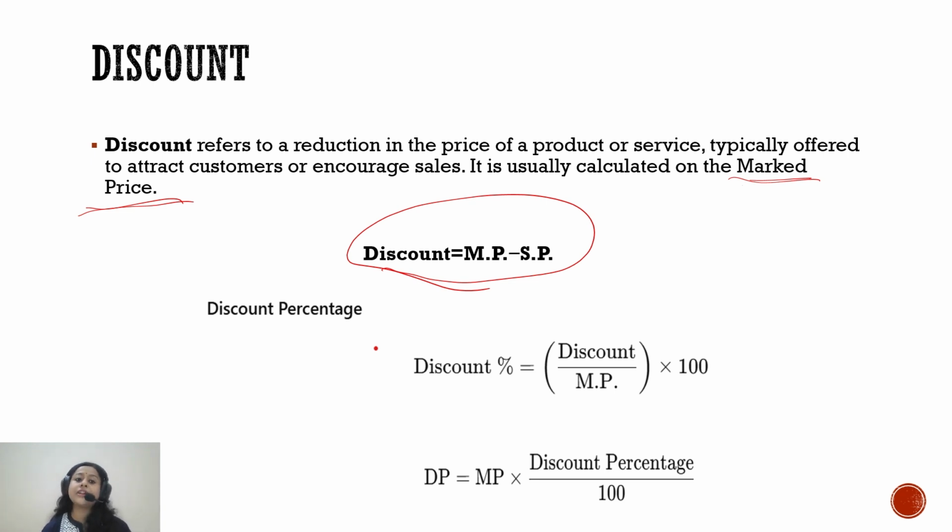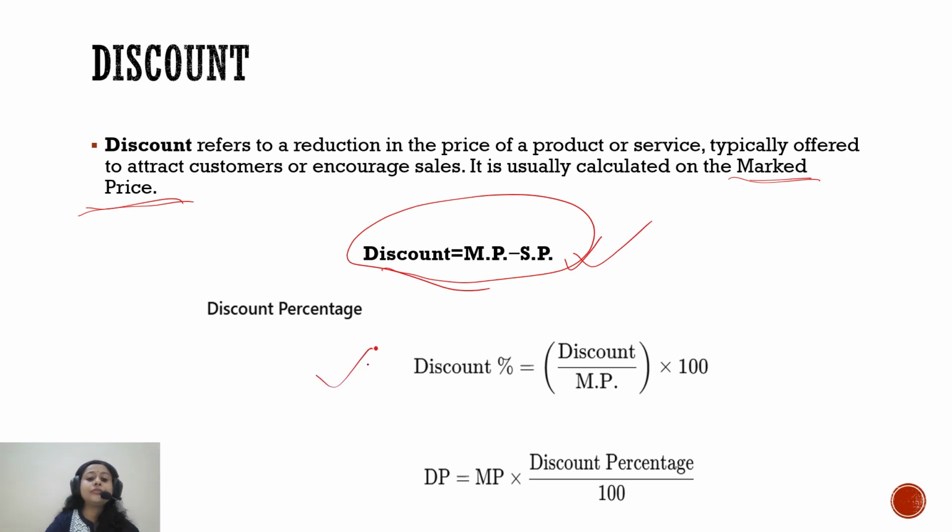That is in mathematics. It cannot always be true in real life. The marked price can be a little higher than the selling price. But in mathematics, we apply this formula where marked price minus selling price will give you discount.